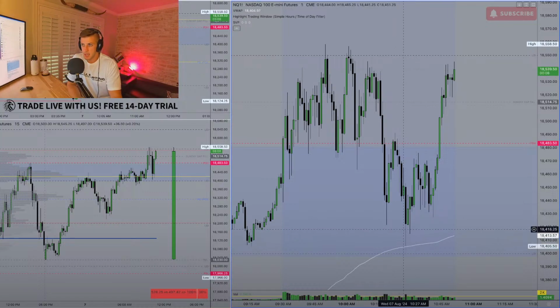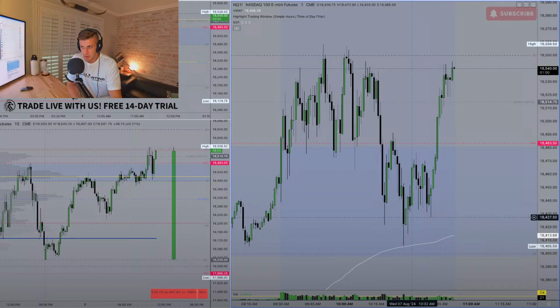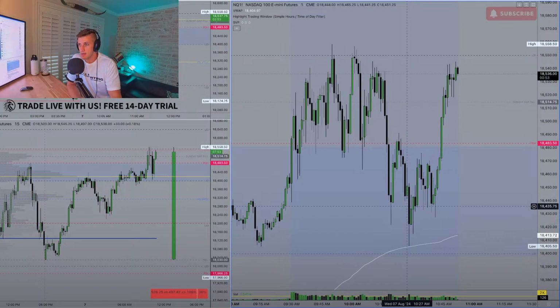Challenge on this trade is that if you're thinking failed breakout, it does make it harder, but this is still going to be a B plus, A minus, maybe even A quality trade, depending on how you want to look at it.